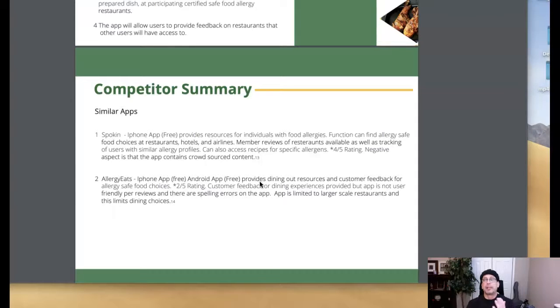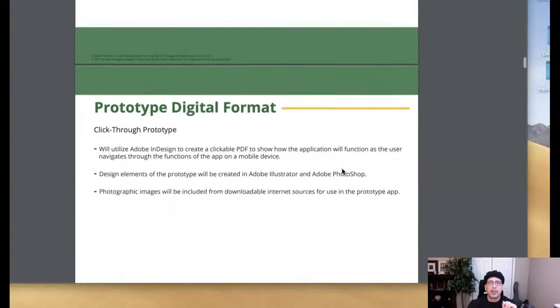That gives us a really nice cross section, and basically it shows how you were influenced by the competitive analysis, how that influenced your project. That's an important consideration, so I recommend adding that to your competitor summary page.